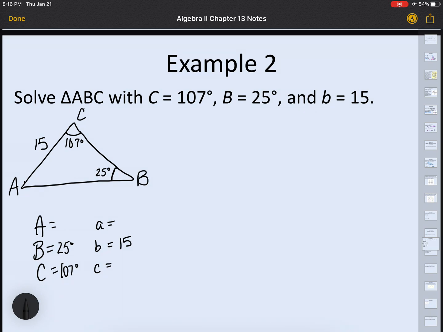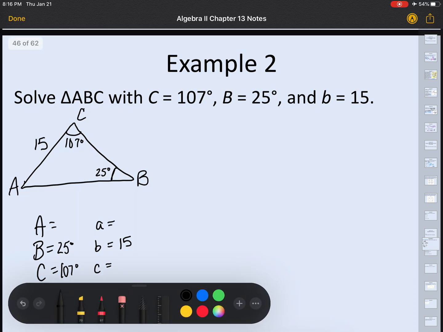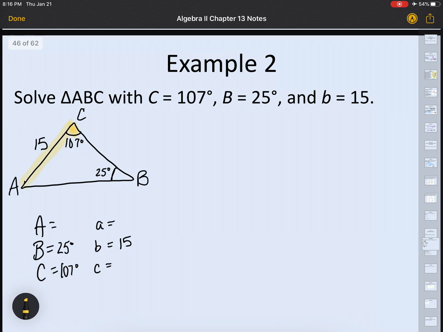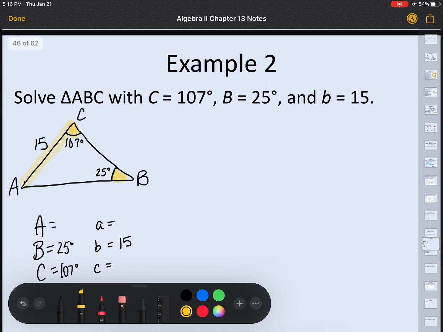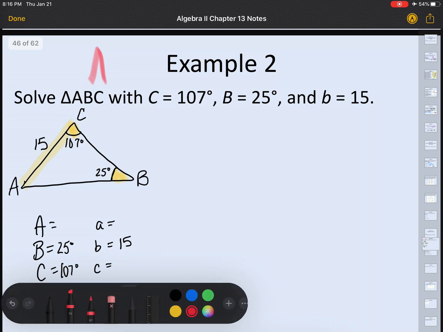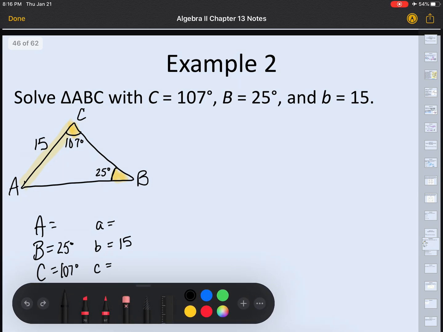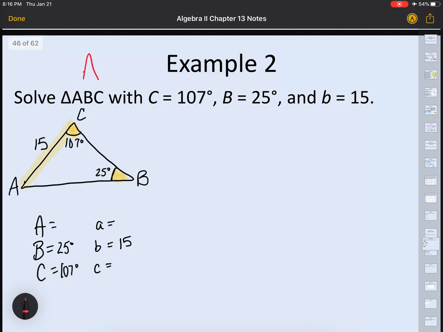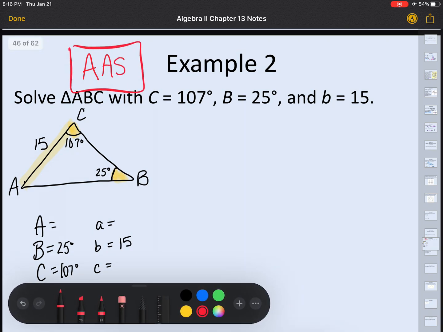So we've got to figure out the other missing angle and the other two missing sides. But if you look here, we have a side, an angle, and another angle. That's the same thing as angle, angle, side, which you've heard before in geometry. Angle, angle, side.